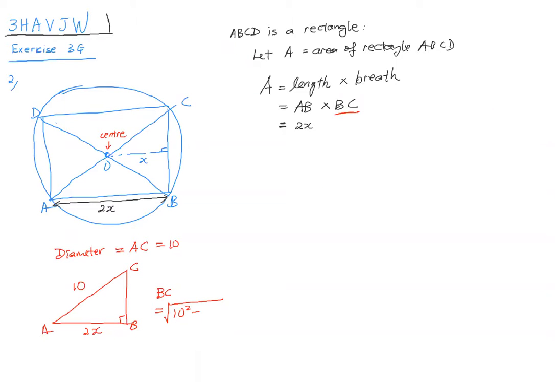The one in front of the right angle is the longest. So I take the longest squared minus the shorter squared. So I got BC is the square root of 100 minus 4x squared.